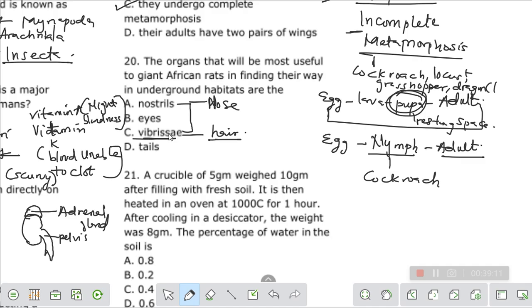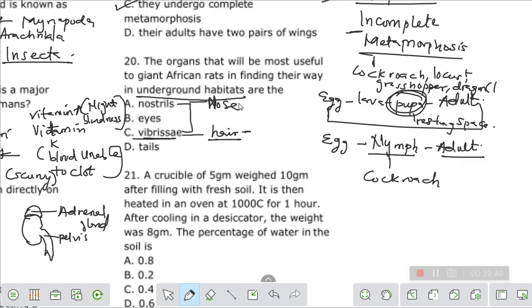So when the rat is moving in an underground habitat, this will help it to know how to move. I think you get what I'm saying. So the organs most useful to giant African rats in finding their way in underground habitat are the vibrissae.